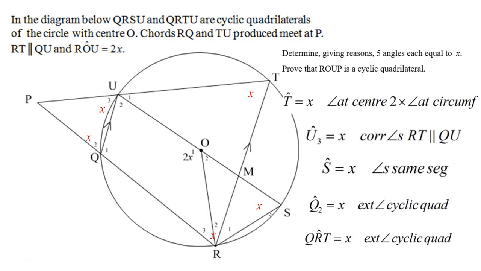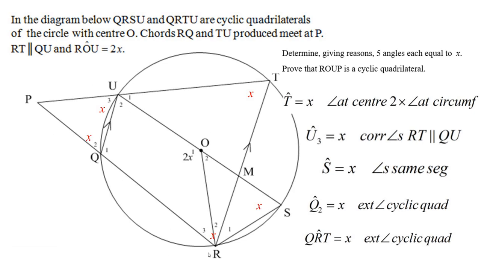Q2 equals x because of the exterior angle, but then there's the fatter cyclic quadrilateral, QRTU, and that U3 is the exterior angle right there. So that works.